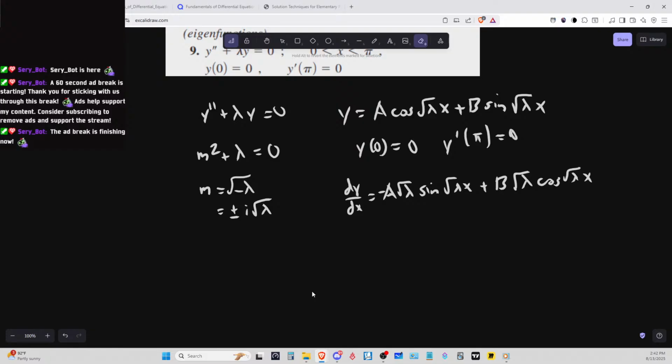If that were the case, it's a trivial solution at that point. Because there has to be something else that makes everything zero, unless lambda is supposed to be zero.